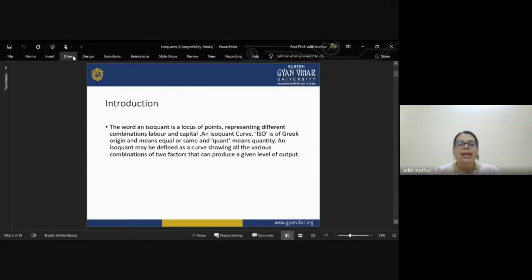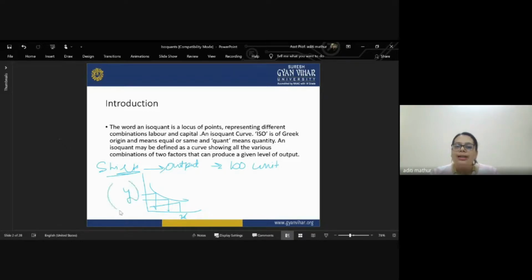So if we assume that we are a shirt manufacturing company, at the output level of, let's say, 100 units, IsoQuant is a curve which shows the different ratios in which any two factors of production can be used in such a fashion that we always receive 100 units of output.